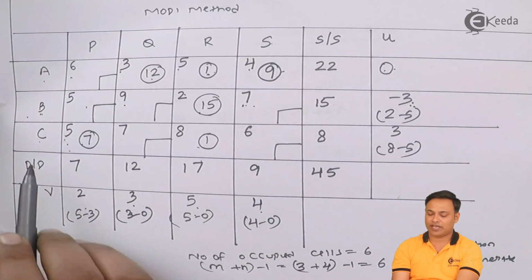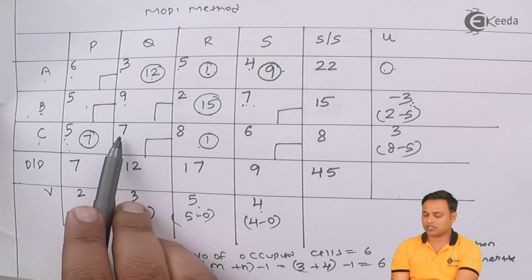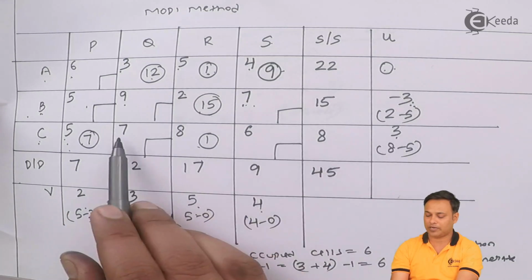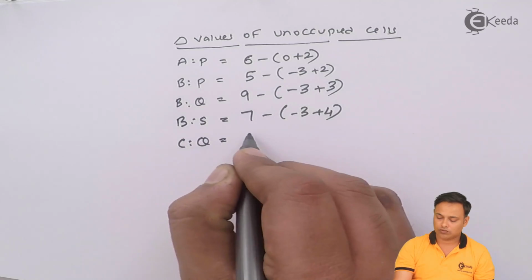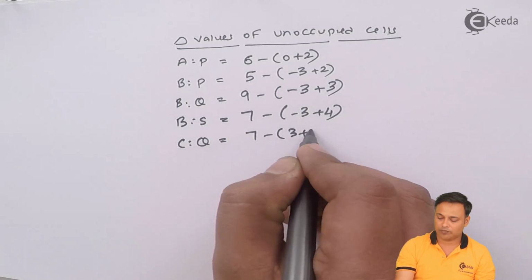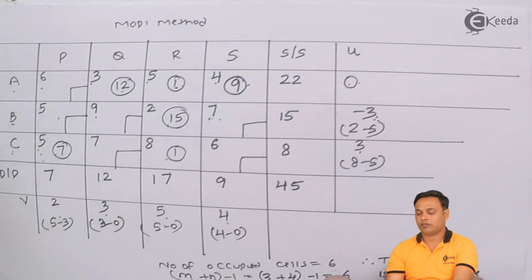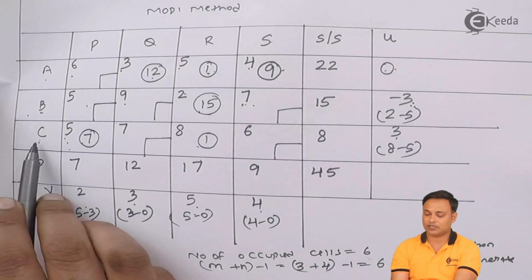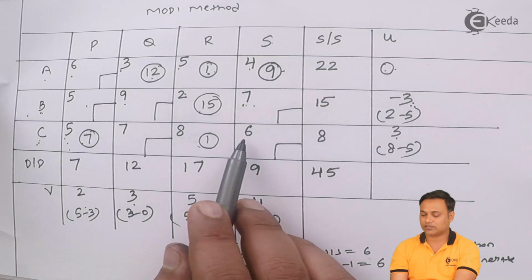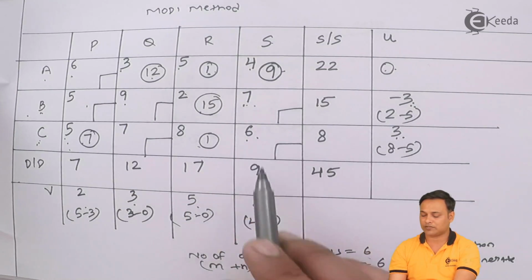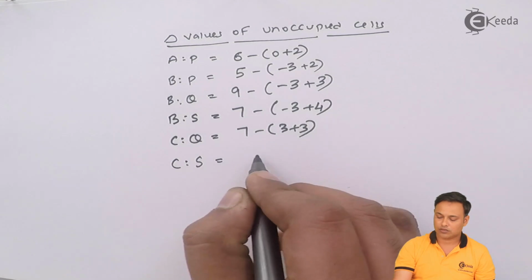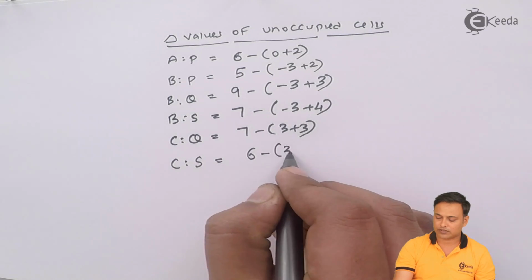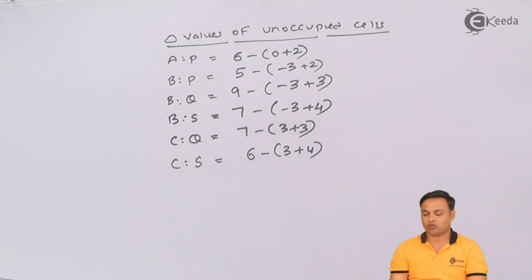Next unoccupied cell we have CQ, cost is 7 minus 3 plus 3. My next unoccupied cell is CS, cost is 6 minus 3 plus 4.